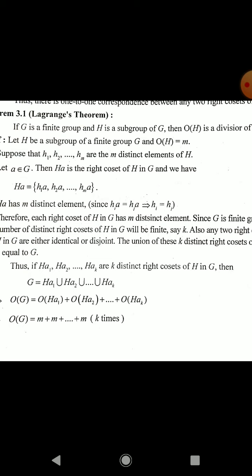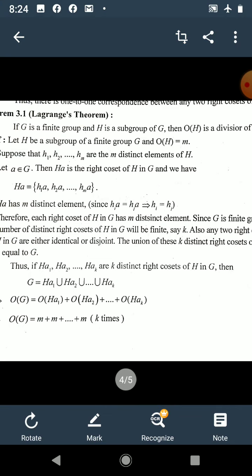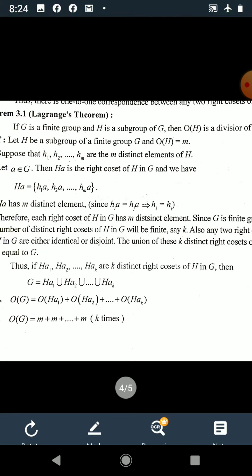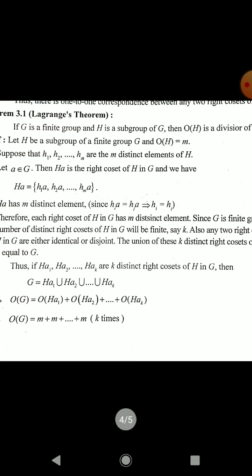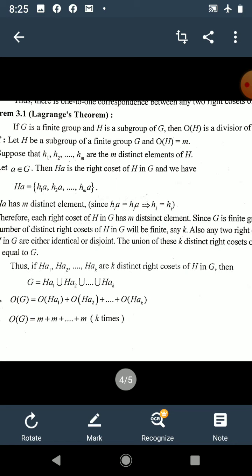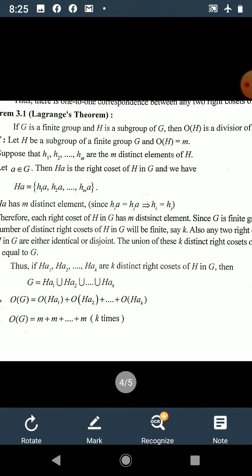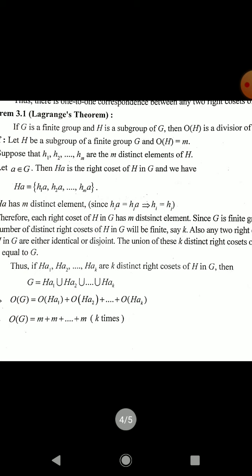Now consider any element a belongs to G, then Ha is the right coset of H in G. And therefore Ha is written as, what is a right coset? Every element of H multiplied by a. The elements of H are h1 to hm, and therefore the right coset generated by a is this set: h1a, h2a, ..., hma.